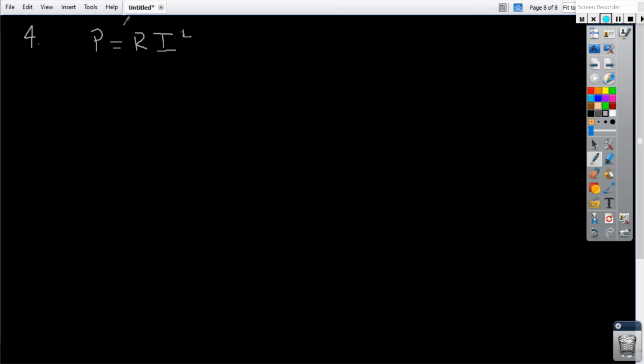Just for your reference, P is in watts, R is in ohms, so we're talking about electrical current and circuits, and the current is I, and that is in amps.